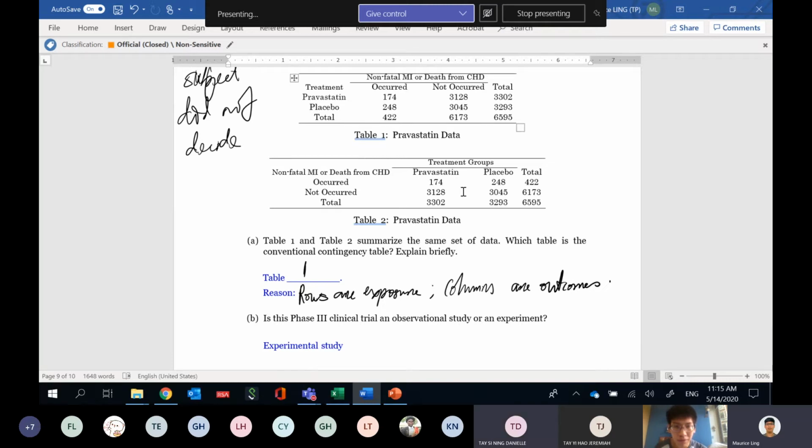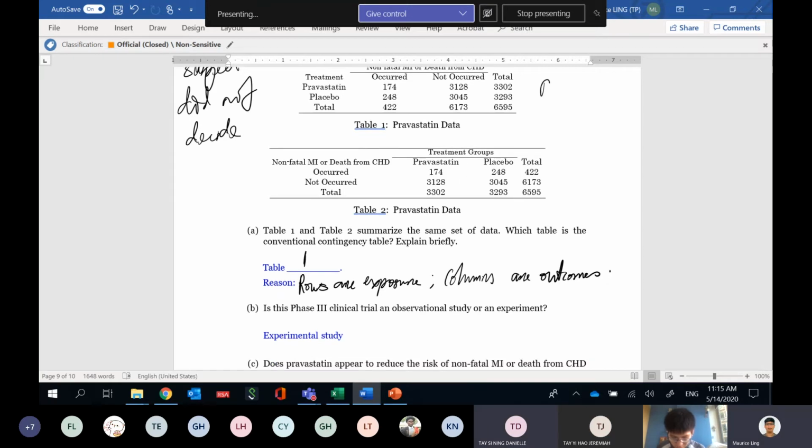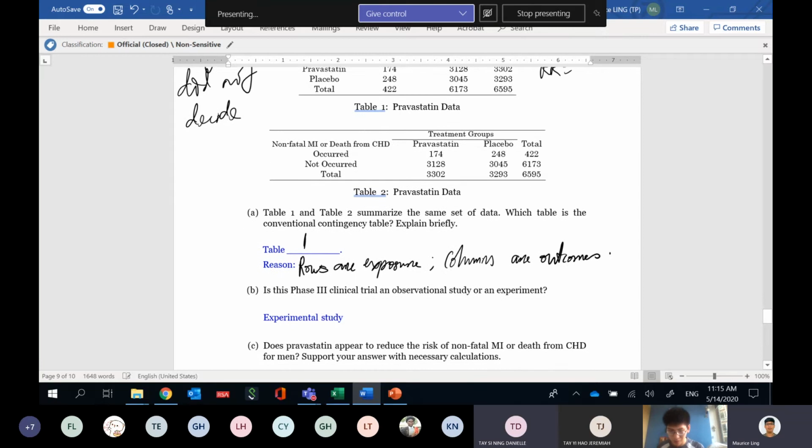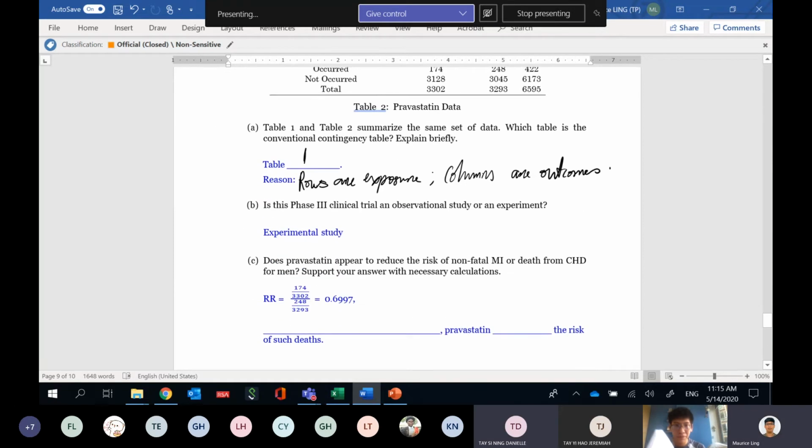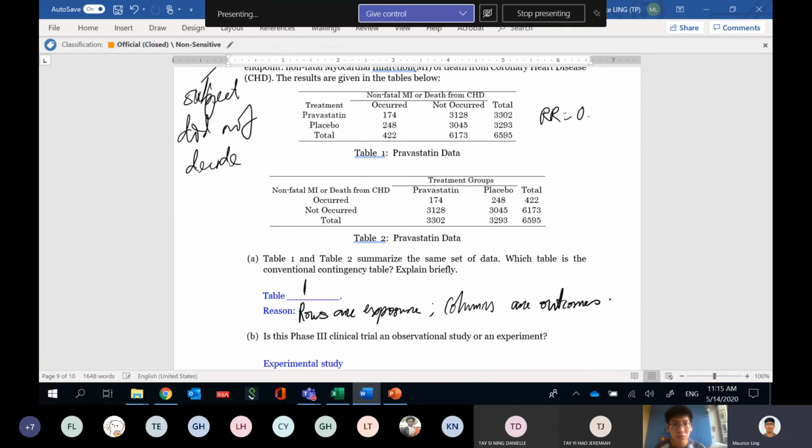Take table 1 and calculate either the relative risk or odds ratio, up to you. The relative risk is 0.700. Yep, about there, 0.700.